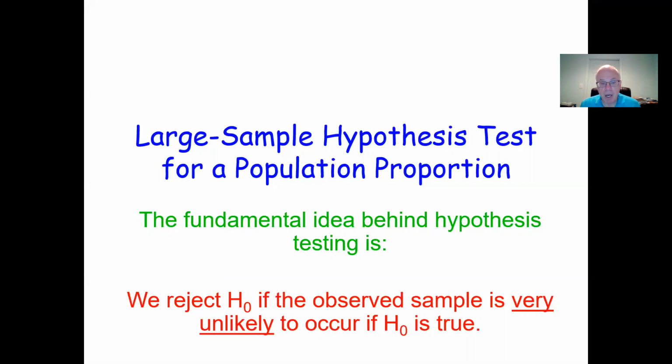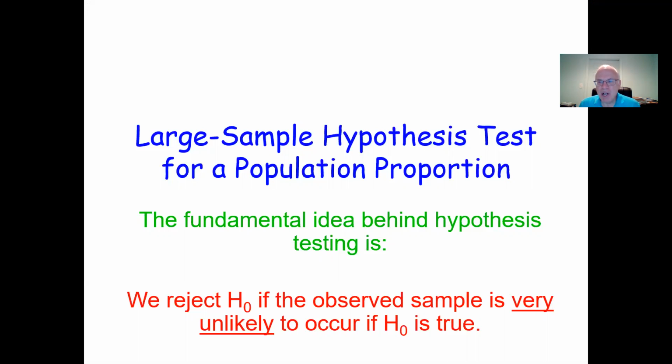Okay. Now, if we don't have enough evidence to reject the null hypothesis, it means that the sample data that we observed could have occurred quite naturally through variation, with the null hypothesis being true. However, if it seems highly unlikely that our sample data came from the null hypothesis being true, let me say it again.